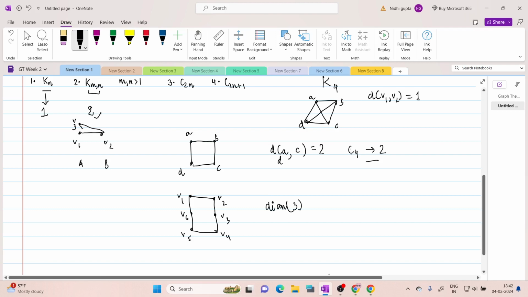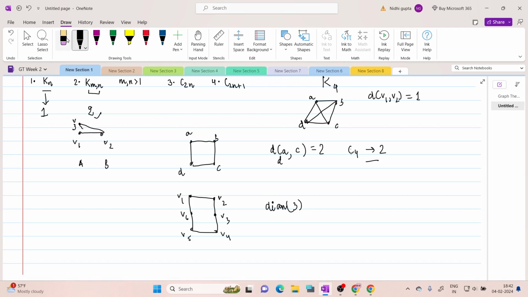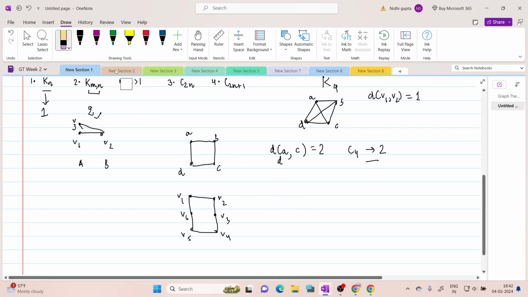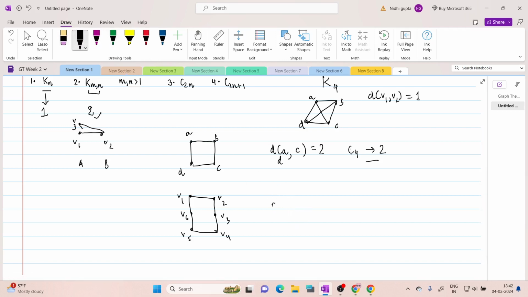Why? If we go from V1 to V4, the diameter of C6 is 3, because V1 and V4 are the farthest ones, and the length there is 3.